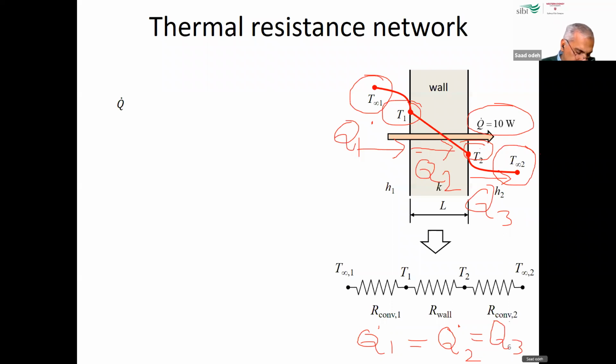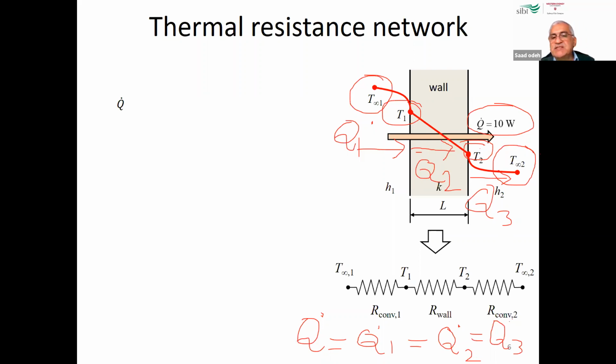And of course, this is equal to Q dot, the total heat transfer. It is the same amount of heat flowing from the inside air to the wall, and then from inside the wall to the outside wall, Q2, and then from the outside wall to the outside air, Q3. This is the same amount of heat transferring through the wall, okay?